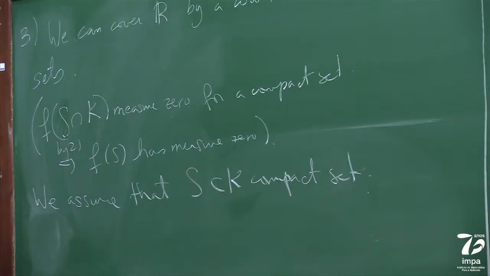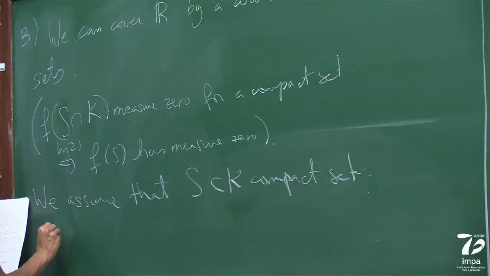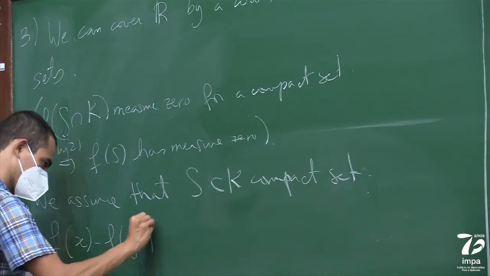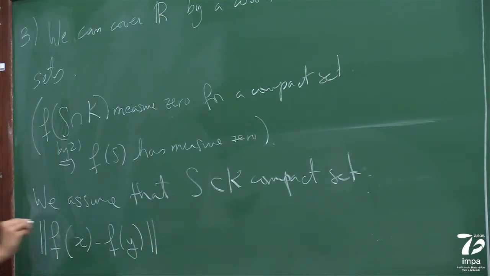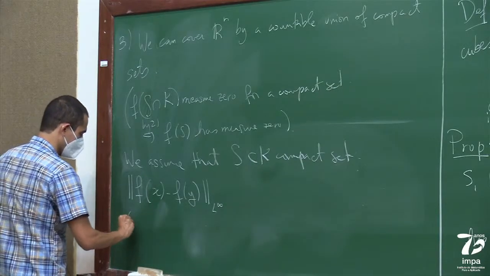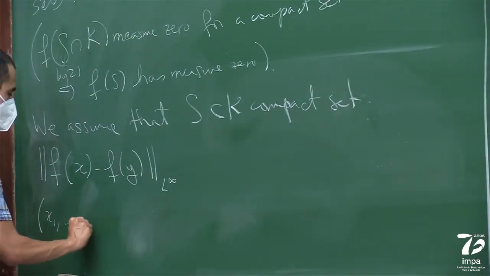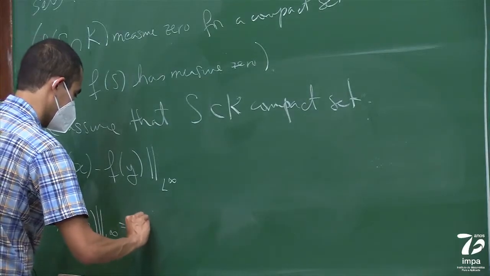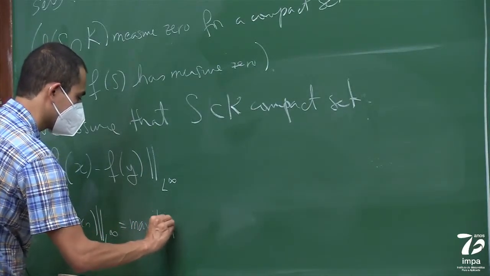So if it's contained in a compact set, and the function is C1, then we can write the norm in L infinity of f of x minus f of y. So that's the sup norm of all the variables. Maybe not everybody knows, if x1 through xn is a point in Rn, then the L infinity norm is just the max of the absolute value of xi.